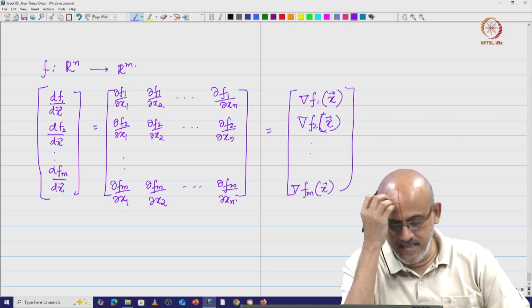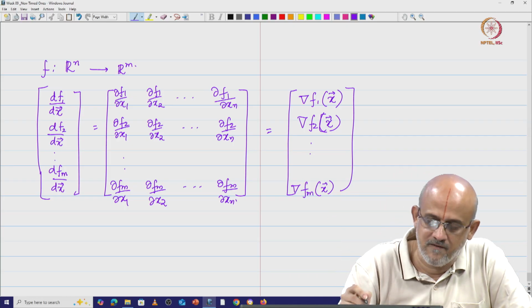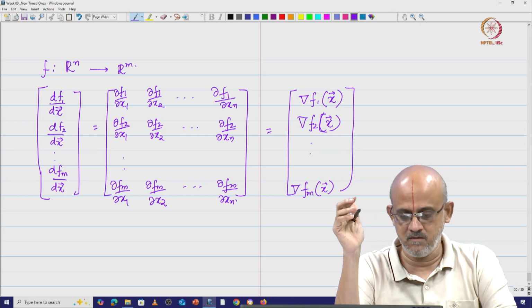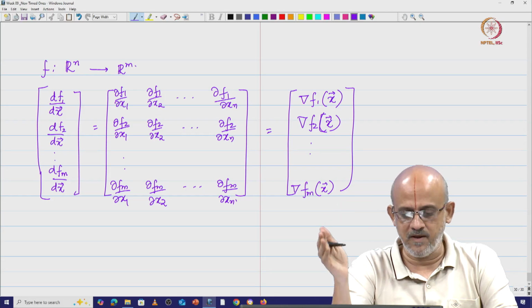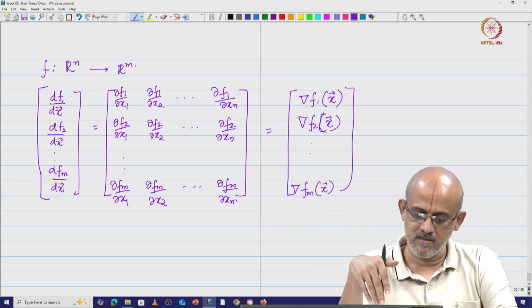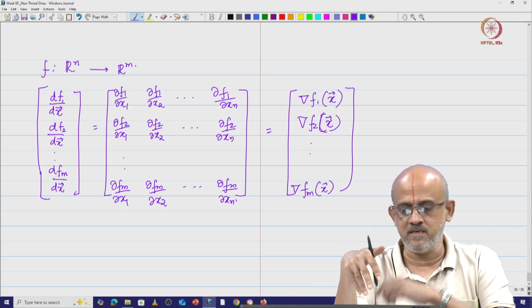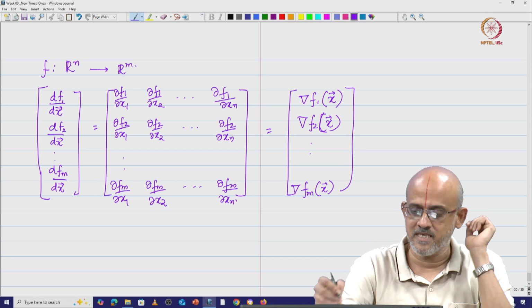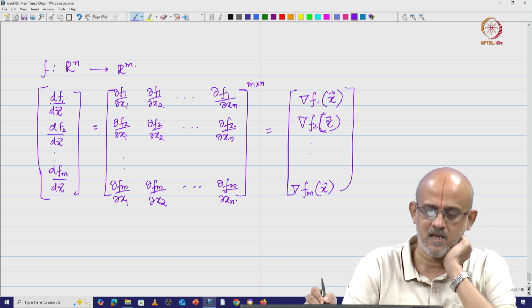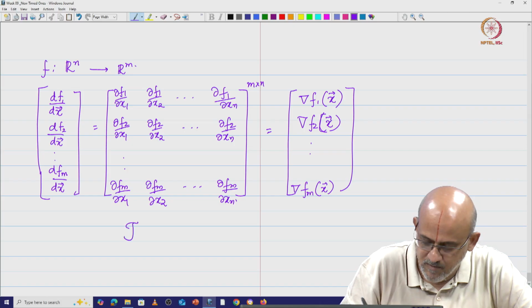And there is a name for this matrix, which is the collection of all gradients. If you have a vector valued function, that means you take an input vector and give an output vector, then the corresponding gradients form a matrix of size m by n, m rows and n columns, and you call this your Jacobian matrix.